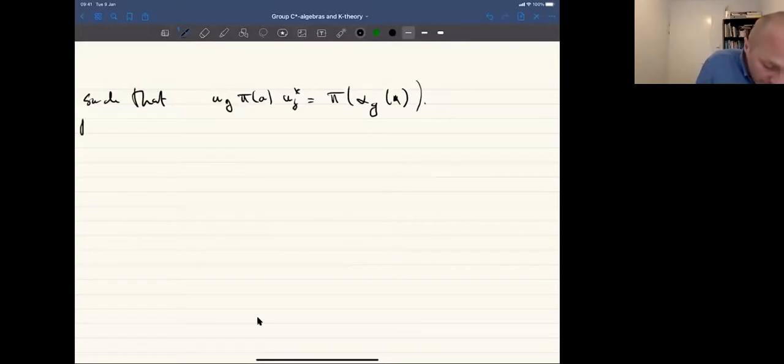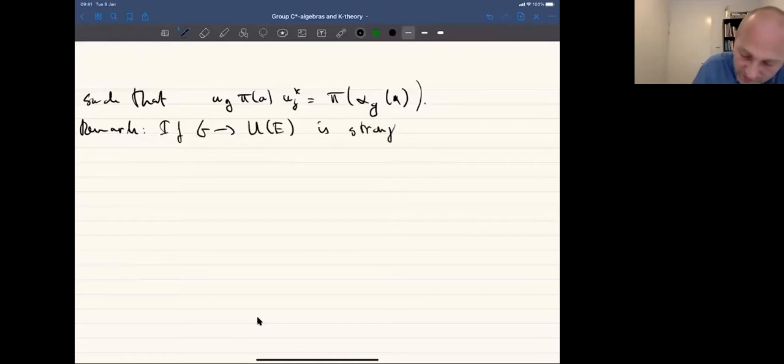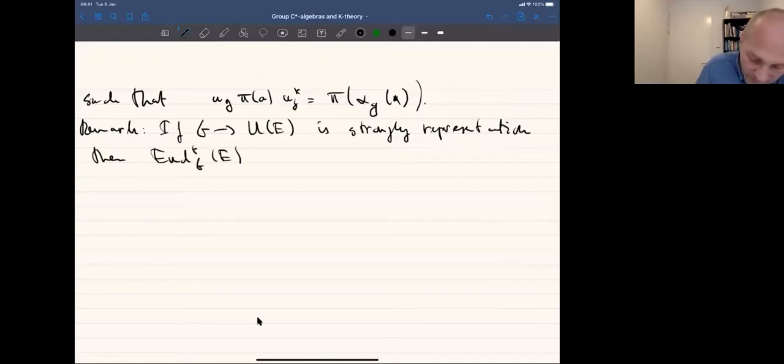I want to make one other remark. If U is a strongly continuous representation, and this is the same in Hilbert spaces, then End star of E need not be a G-C-star algebra.